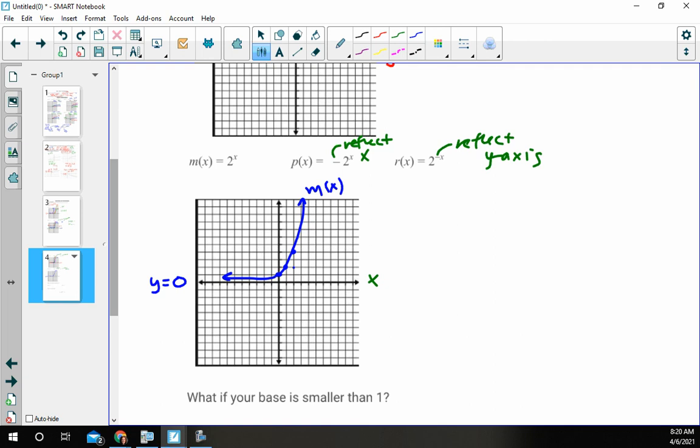So that's what I'm going to do and just mirror it. My reflect x, mirror image of it across my y-axis. Just going to mirror my dots. And shift up or down? I didn't add or subtract anything to the back end. So the asymptote is still right over there.